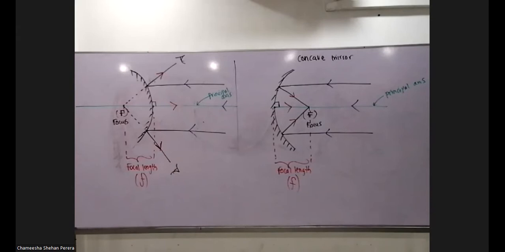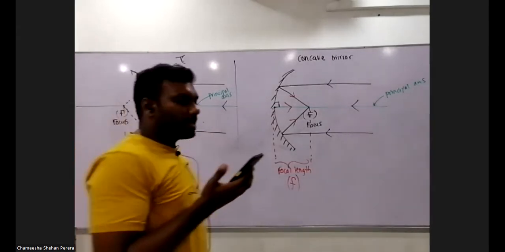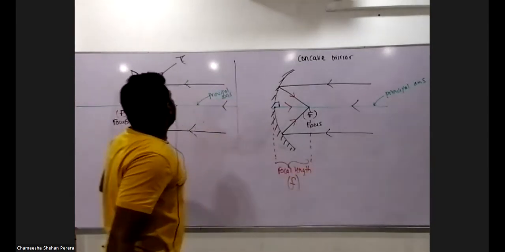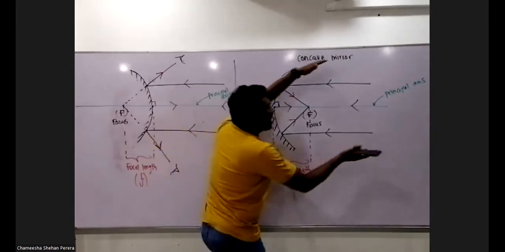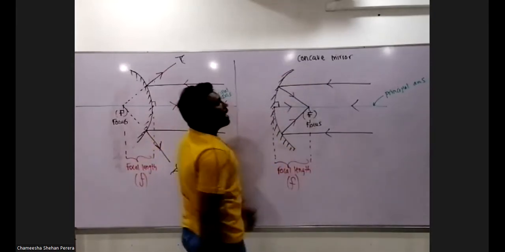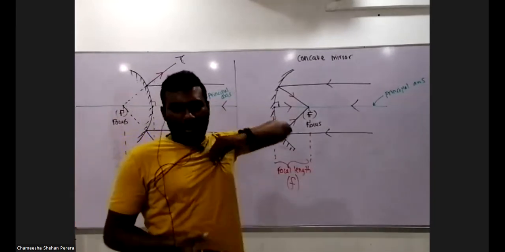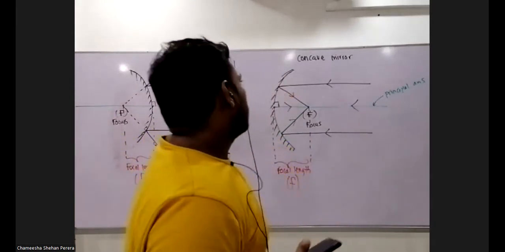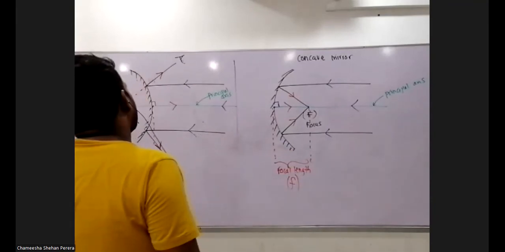Convex mirror on this side, like this. So what can you see in the convex mirror? The parallel light ray got diverged. Here, in the concave mirror, the parallel light ray got converged; in the convex mirror, this light ray got diverged.